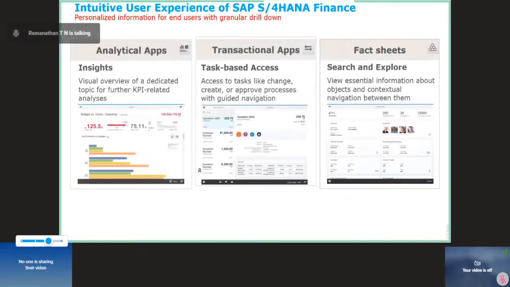From the finance point of view, SAP structures Fiori on the following lines. One is the fact sheet, right? A fact sheet is essentially something like the facts which cannot change, like a trial balance or a balance or the line item information of a particular GL account. These are examples of fact sheets. Then transactional applications, carrying out an incoming payment or outgoing payment to the vendors.